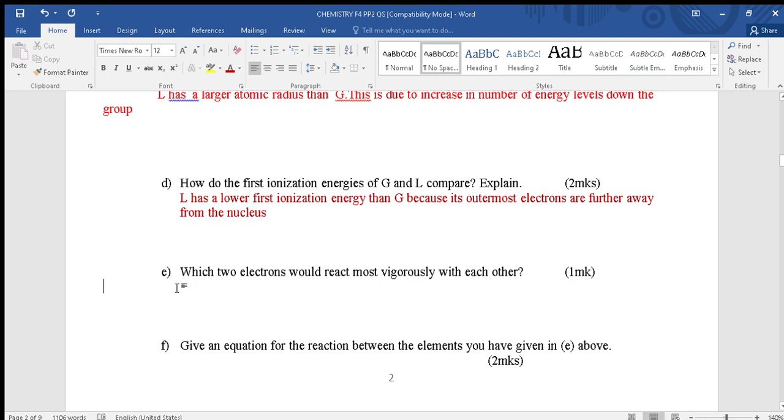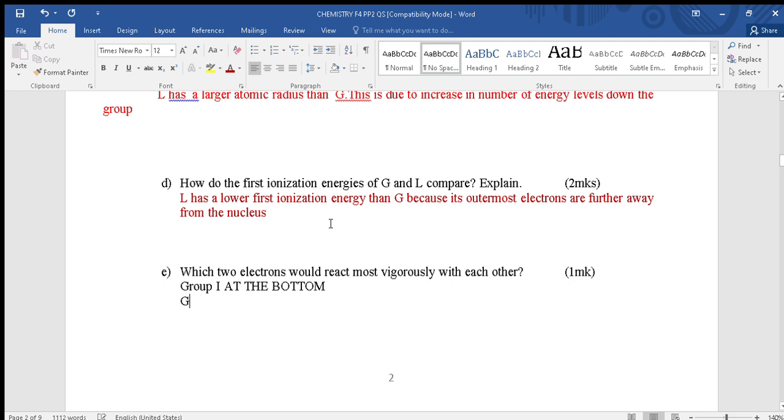For you to get the elements that react more vigorously with each other, you go to group 1 at the bottom and group 7 at the top.